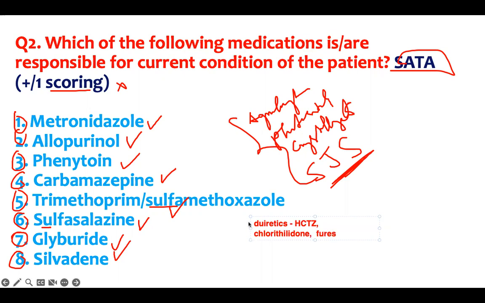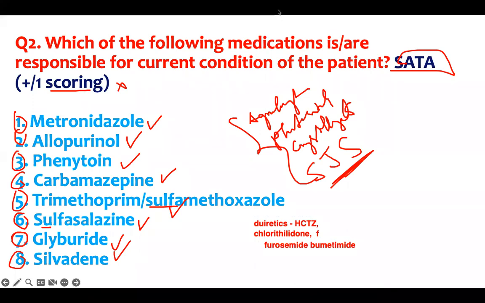Then furosemide is also a sulfa drug, right? Any loop diuretic is also a sulfa drug. So furosemide, bumetanide, all the mides, which are loop diuretics, are sulfa drugs. So don't forget about them.